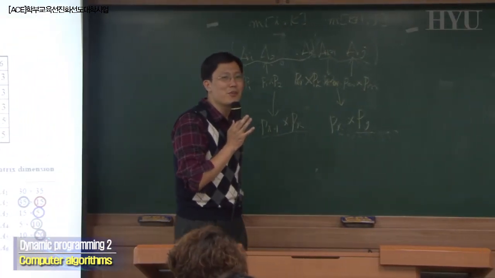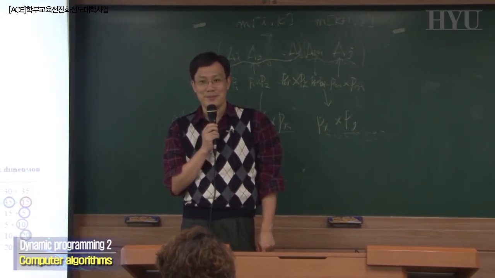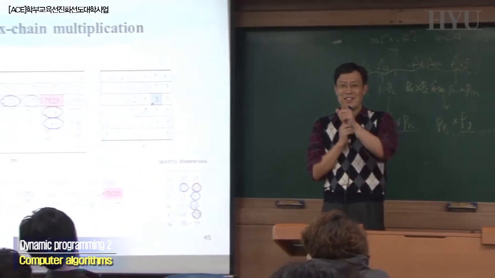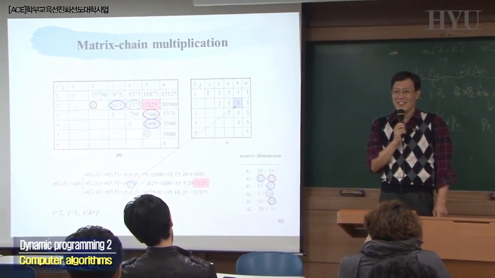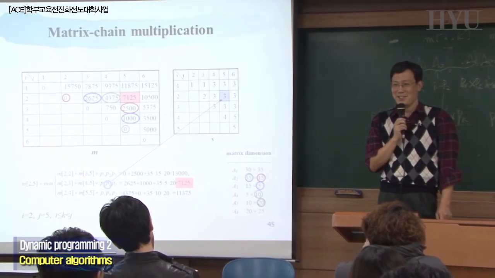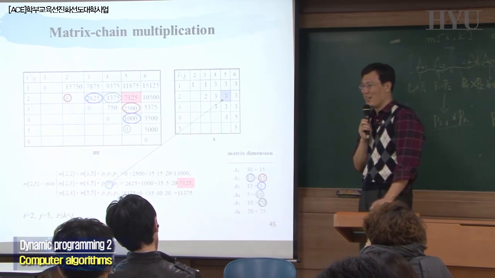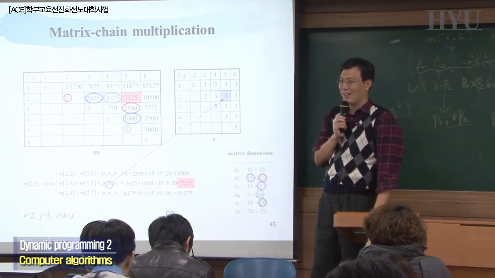Then what is the running time of this algorithm? Emma? N squared? Just n squared? Can you explain why? Because you have to calculate all the spaces.